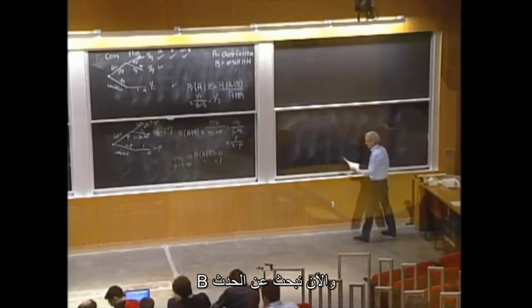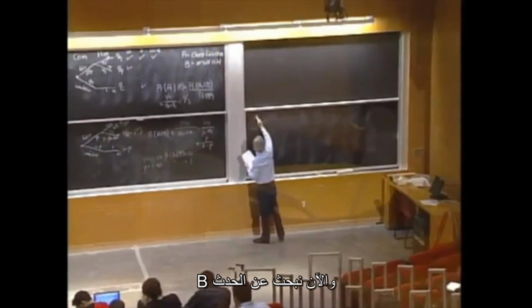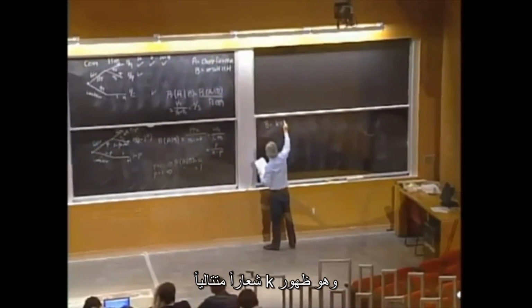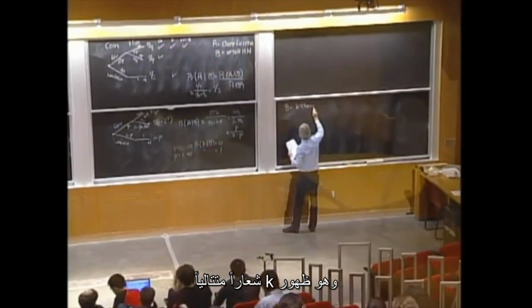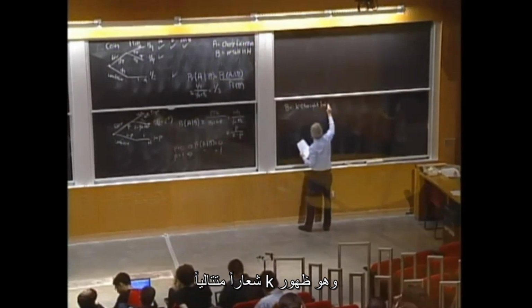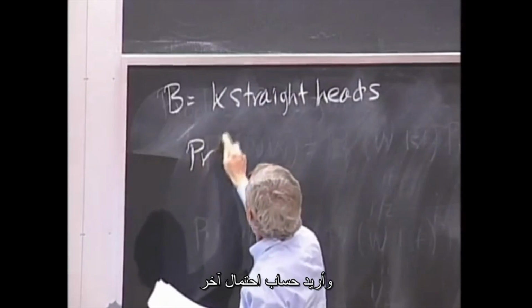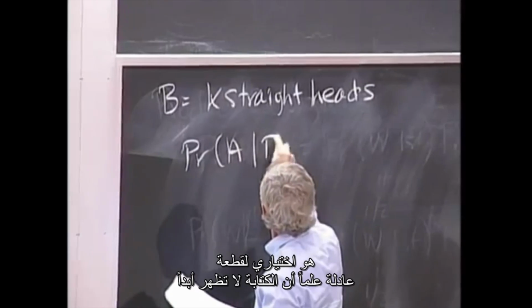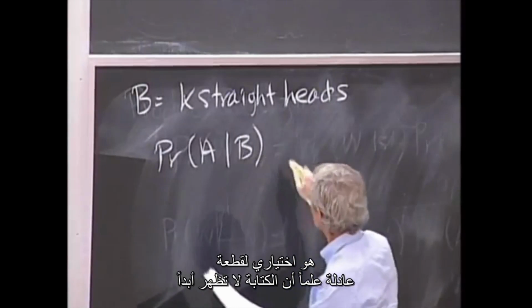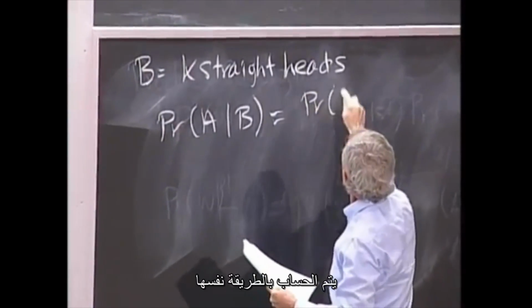So now we're looking at the event that B is K straight heads coming up. And I want to know the probability that I picked the fair coin given that it just never comes up tails. Well, the math is the same.